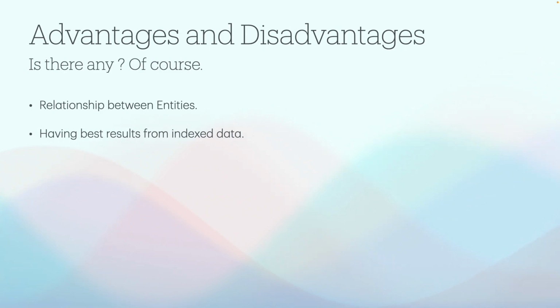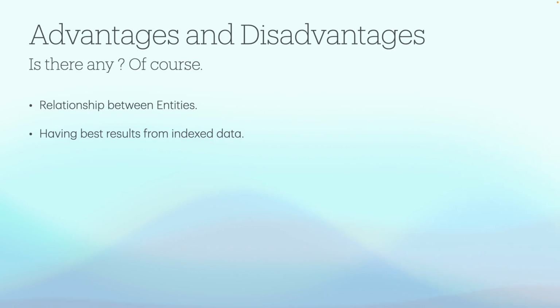If you are looking for relationships between entities and want to create an SQL-based relational database in Elasticsearch, it is not possible because it's a NoSQL database and it is not possible to create relationships inside of your Elasticsearch. This is the main disadvantage, but the best advantage is having the best results from indexed data.